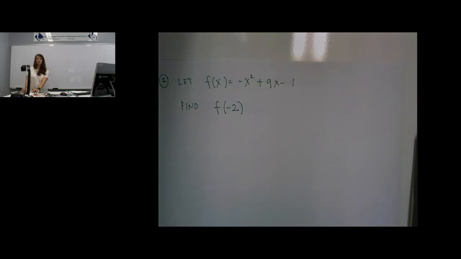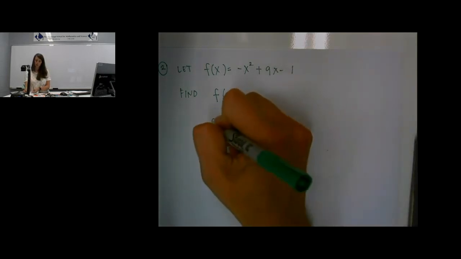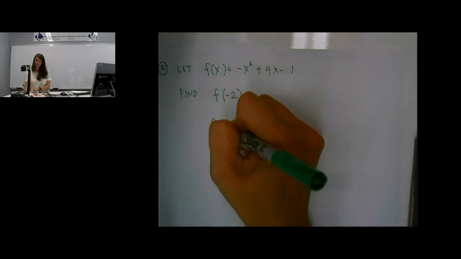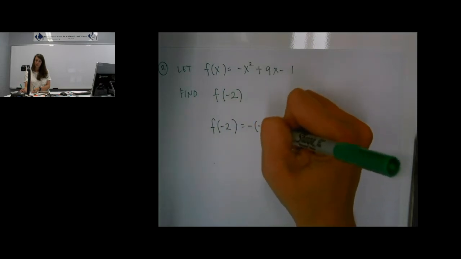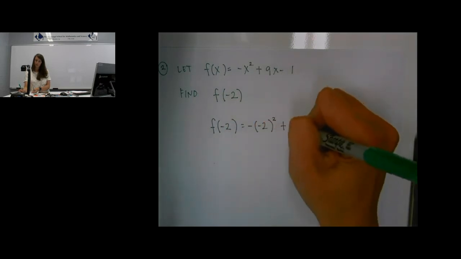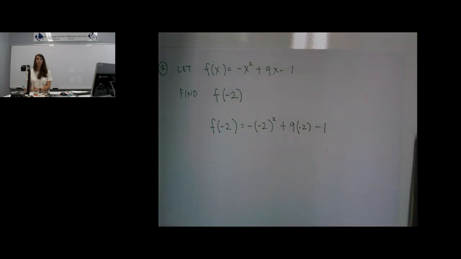Okay, so if I let f of x be -x squared plus 9x minus 1, and I wanted to find f of -2, this means that I'm going to replace my x with -2. So I'm going to have a negative times -2 squared plus 9 times -2 minus 1.